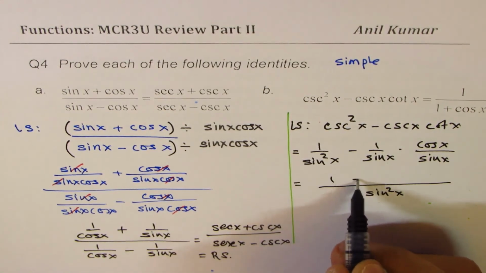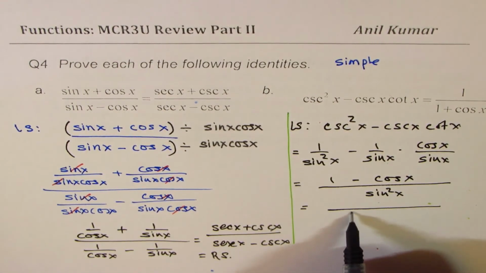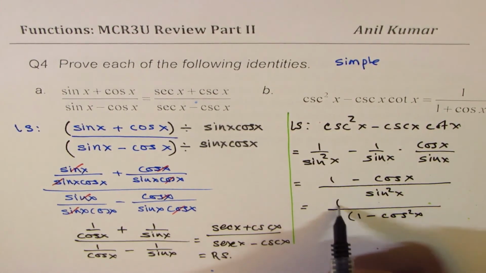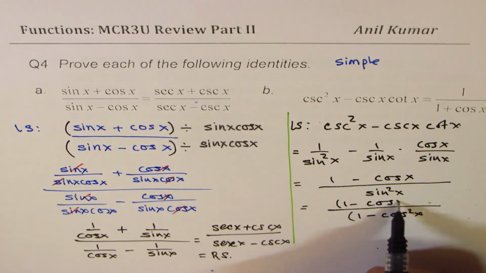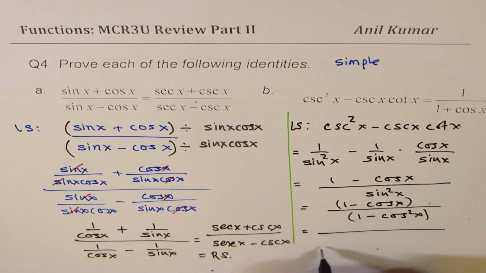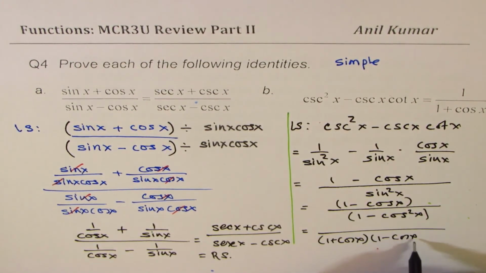And what you get here in the numerator is 1 minus cos x. Now, sine square x is 1 minus cos square x. And in the numerator, we have 1 minus cos x. Now, 1 minus cos square x could be written as 1 plus cos x times 1 minus cos x, right?